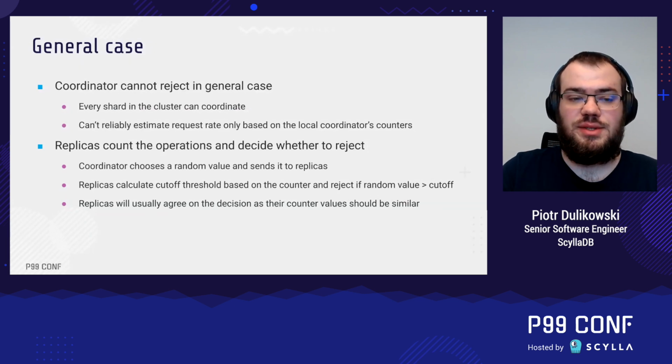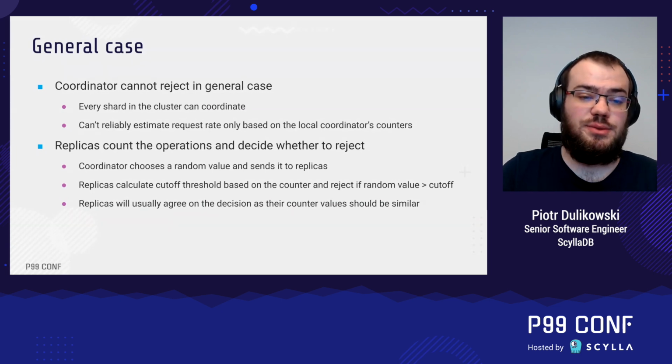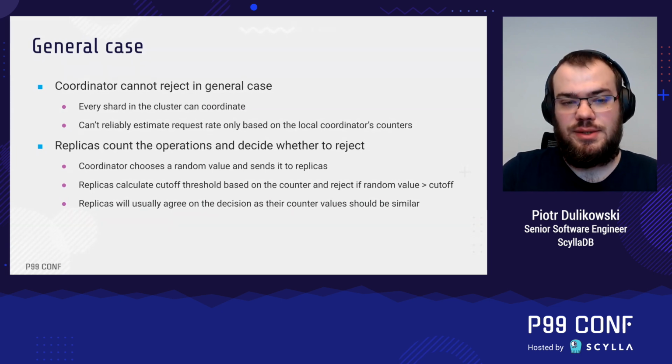Each replica makes its decision independently without communicating with others, so it is possible for some replicas to accept while others reject. This can lead to wasted work because, depending on the consistency level chosen by the user, we require a minimum number of successful replicas in order for the whole operation to succeed. We minimize the chance of disagreement happening like this.